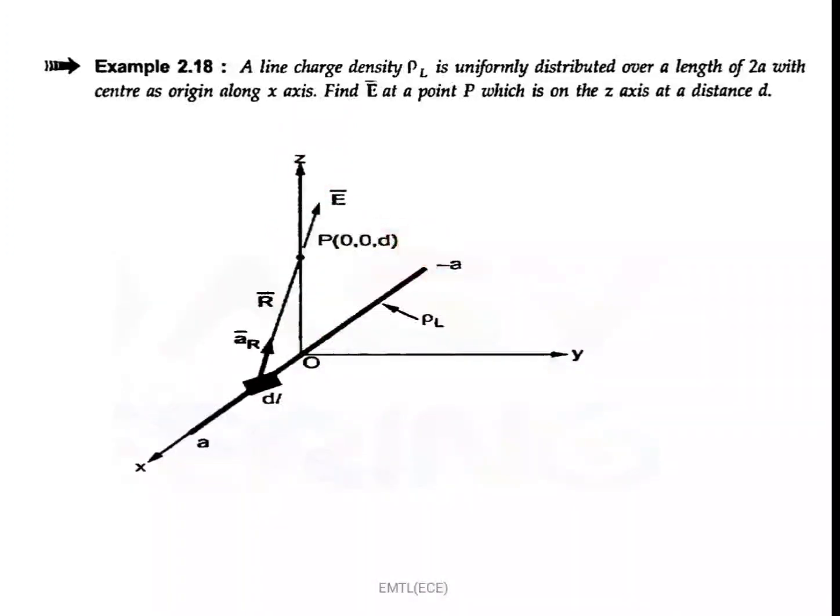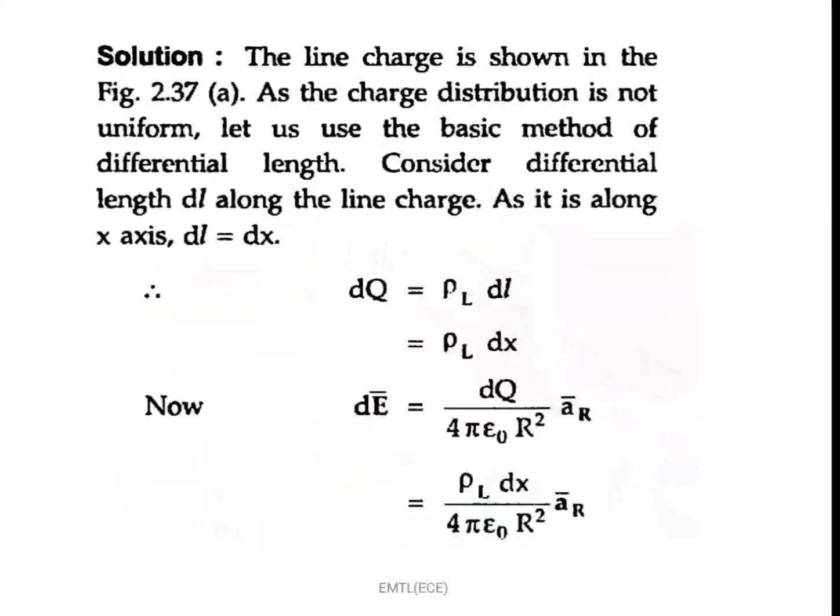So the coordinates of point P are written as (0, 0, d), and the distance between the differential length and the point P is taken as r, and along that direction there is a unit vector aR bar. Now it is a line charge distribution.